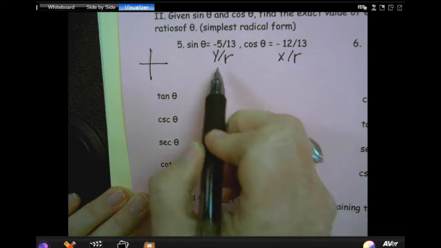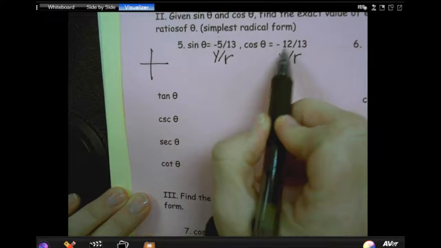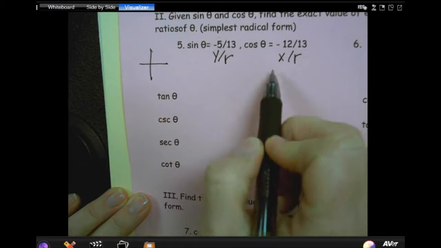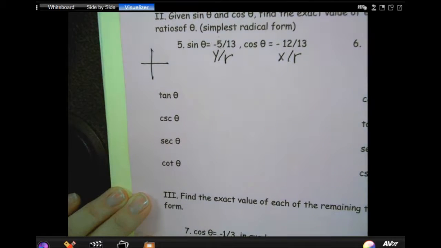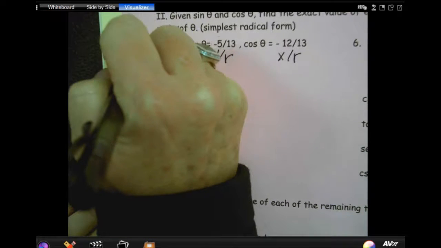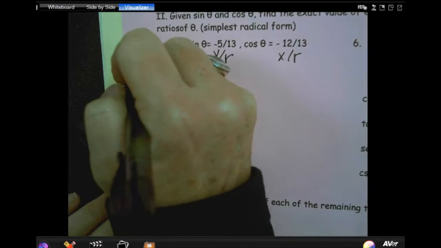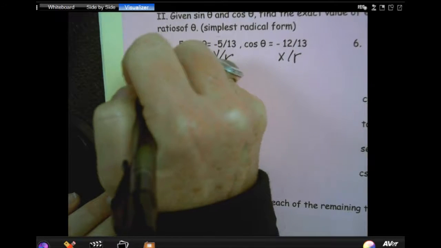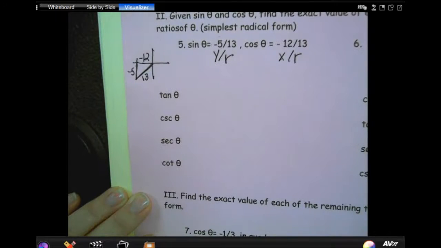Okay? So the negative 5 is my y value, and the negative 12 is my x value, correct? So negative 12 goes this way. So I'm going to have negative 12. The negative 5 goes down, so this is negative 5. And then here's my radius, which is 13.